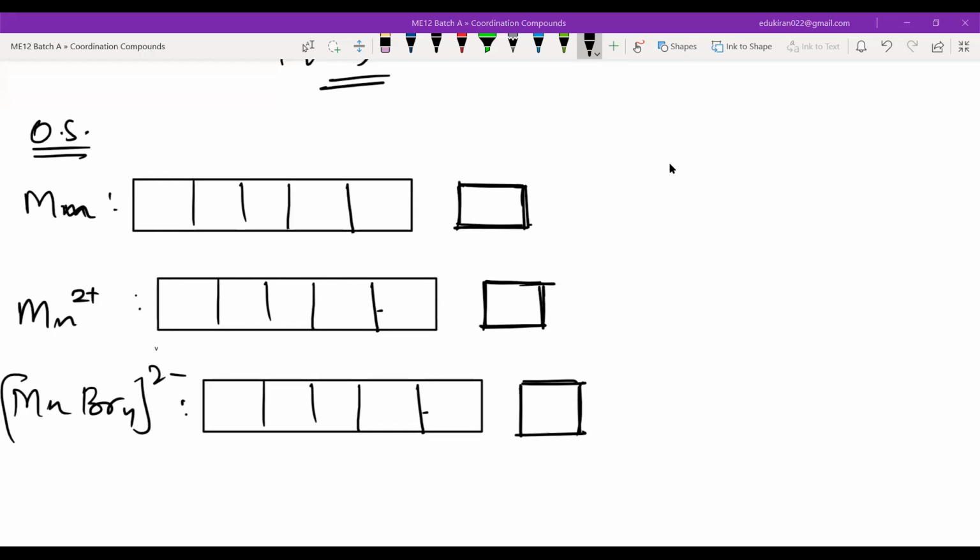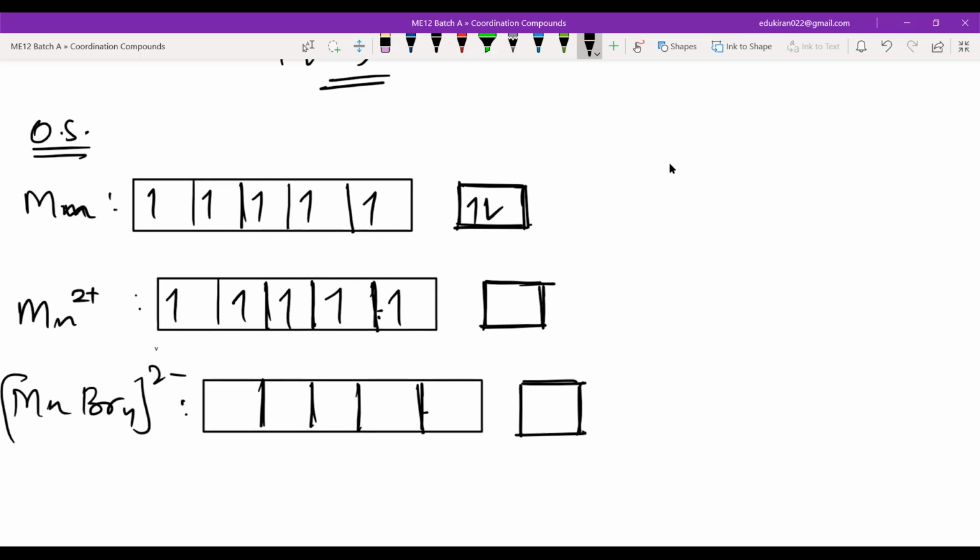Abir, Nazra, all are correct. Mn2 plus, right? And Mn has how many electrons? 25. So there will be 2 removed here. 1, 2, 3, 4, 5. Mn2 plus will have only 5 in the d orbitals.